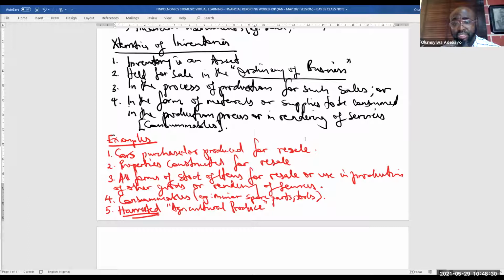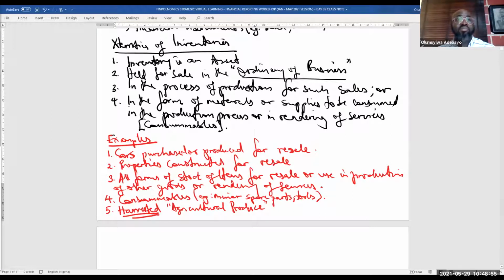Is this something that you hold to immediately resell in the normal course of business? Is this something that you require as an input into a production process, or that will aid you to render services to another person? That constitutes what we call inventory for these purposes.